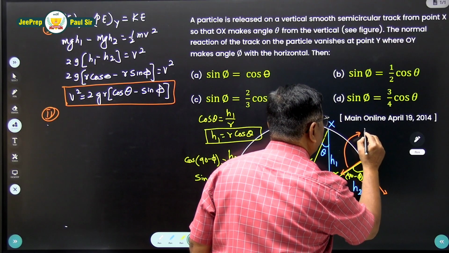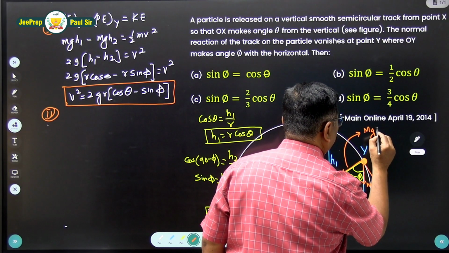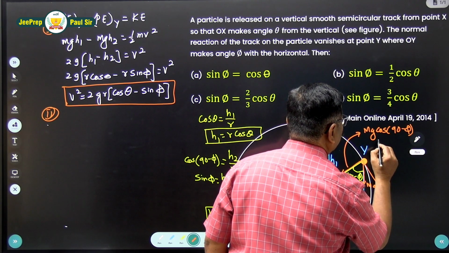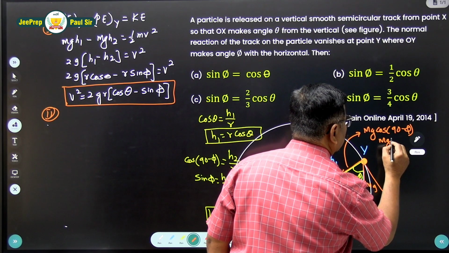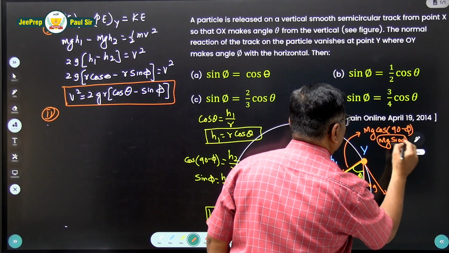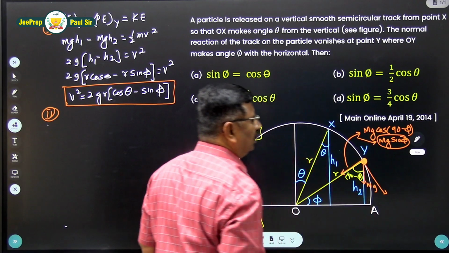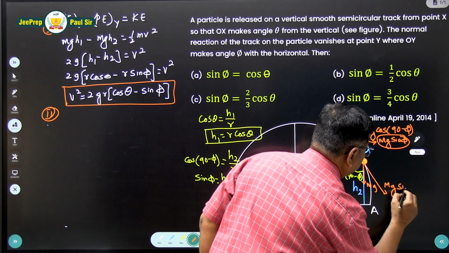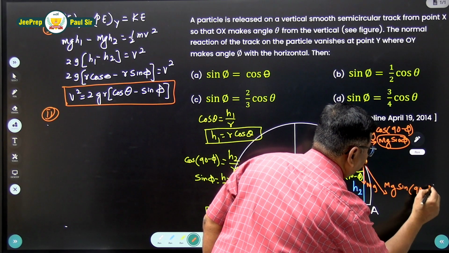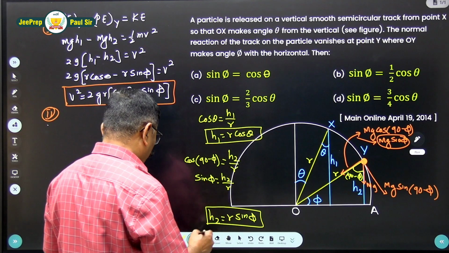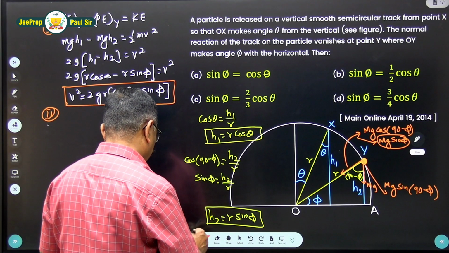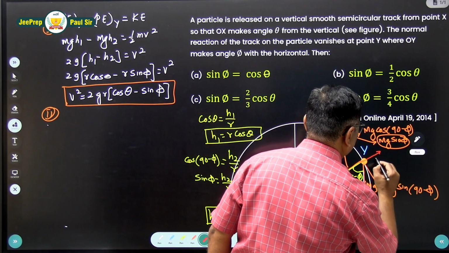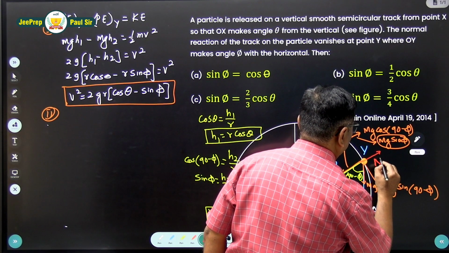So this component will be mg into cos 90 minus phi, which means mg sin phi. This component is mg sin phi and this component is mg sin 90 minus phi. Now what about the normal reaction? The normal reaction will be in this direction.